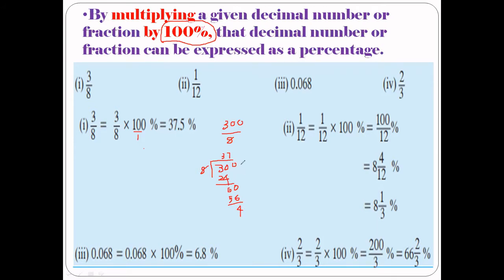Here they have put a decimal point and a 0, and then after that complete the decimal calculations. When we complete the decimal calculations, we can get 37.5% as the answer.